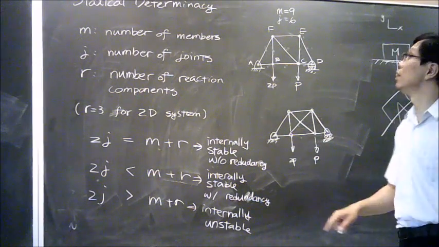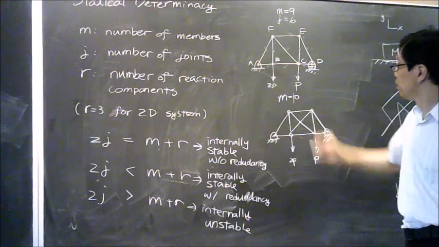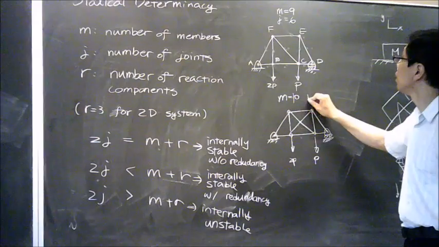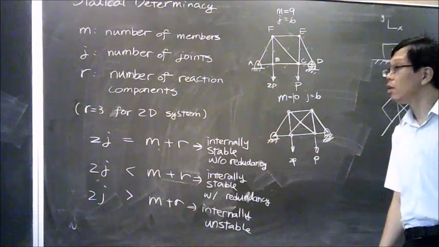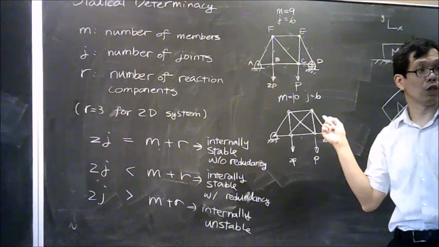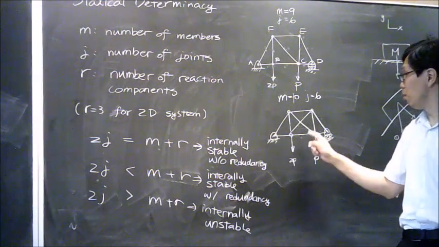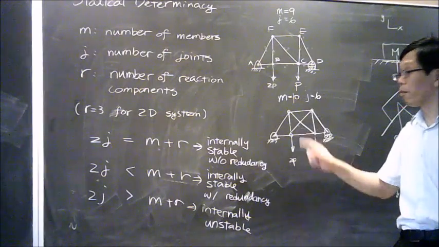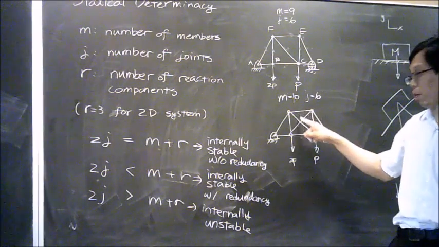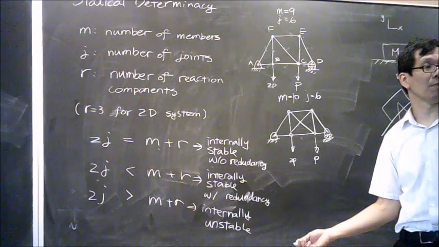I have 10 members, which means my m equals 10. My joints are 1, 2, 3, 4, 5, 6. j equals 6. So based on the configuration over here, m plus r equals 13. And 2j is 12. So it means that one of the bars can actually be removed. Or even if you remove this bar or this bar, they can be saved. Does that make sense?